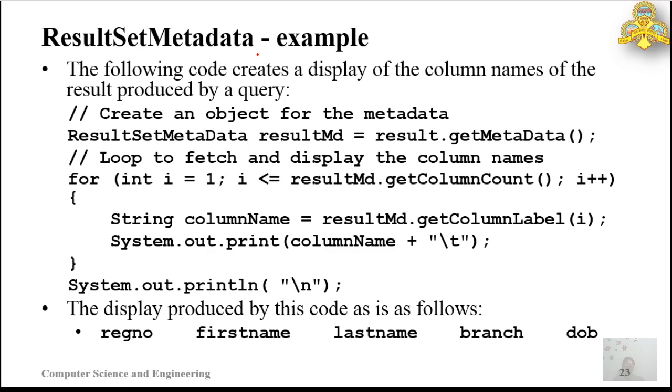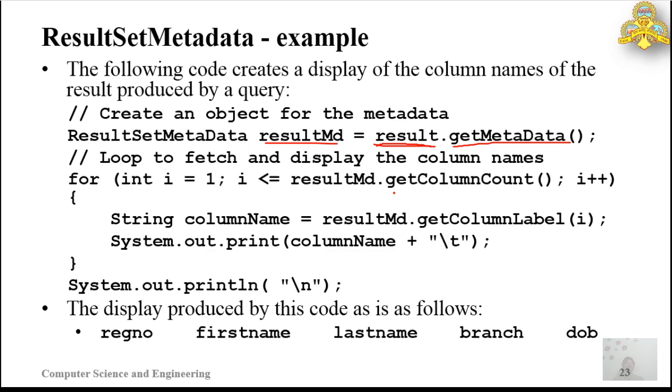Let's go for an example. The following code creates a display of column names of the result set. Assuming result is an object of the ResultSet interface which contains the result of a typical SQL command, that is select. From this instance, I will run the method getMetaData. getMetaData returns a ResultSetMetaData object, and it is assigned to the resultMD object.